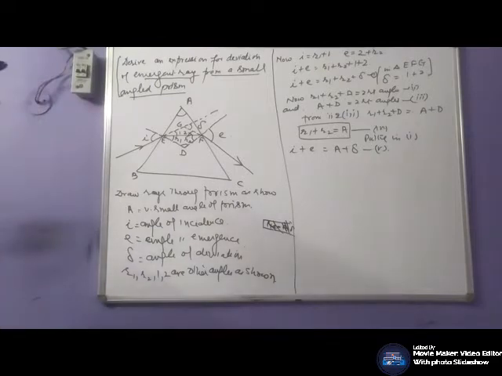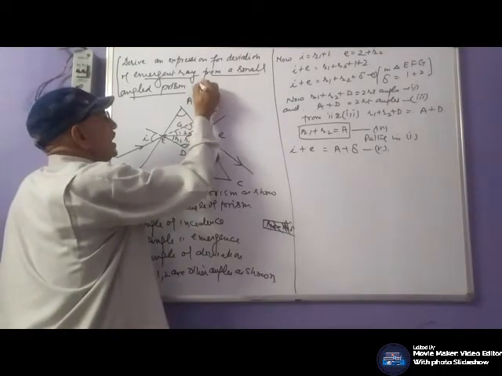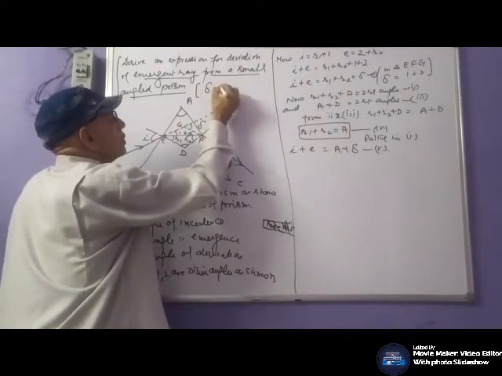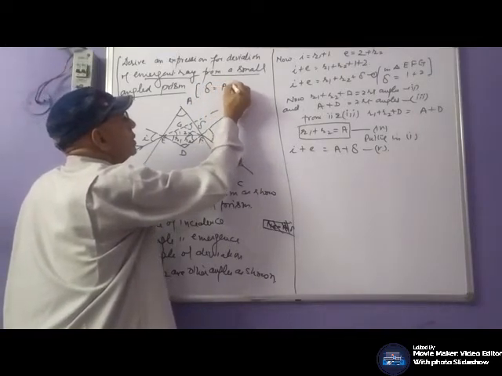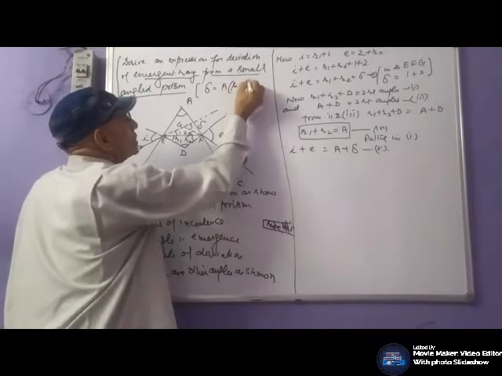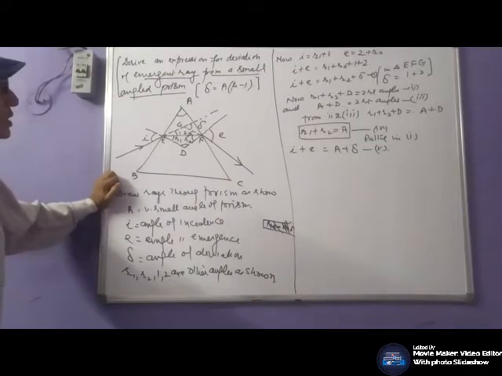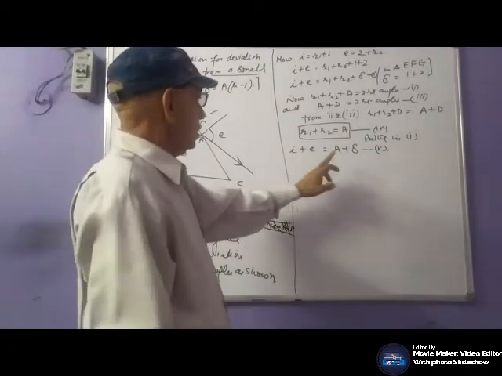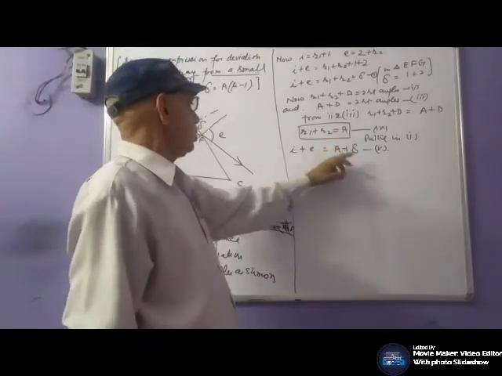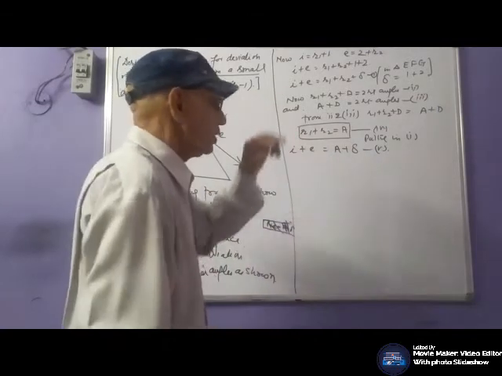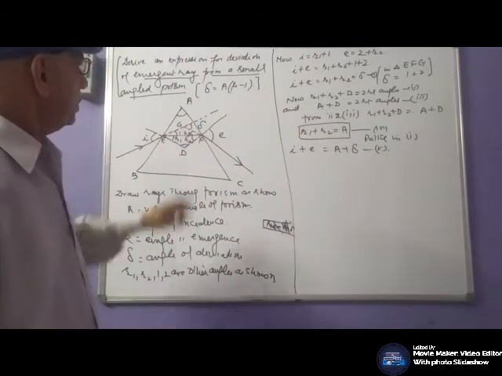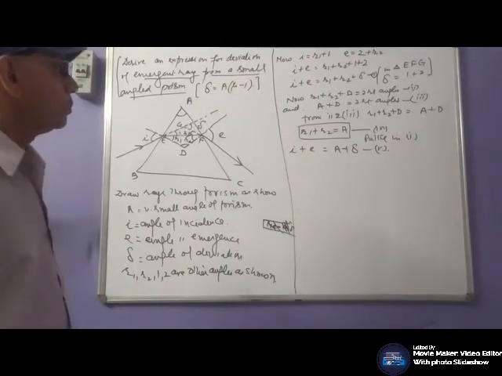Now further, this is that expression, or derive this. This means A should be there, delta should be there, I and E should not be there. Mu is required.